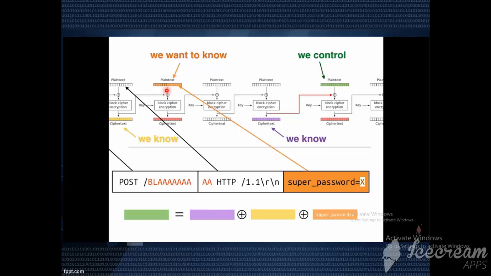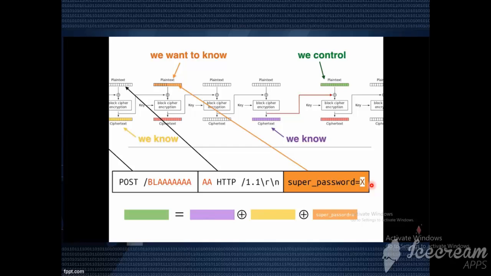Now I am going to guess one byte of the cookie. To know the plain text, now I know the previous ID, I know the next initial vector. The thing I want to guess is the cookie ID. So I am going to guess the first character of that cookie ID.